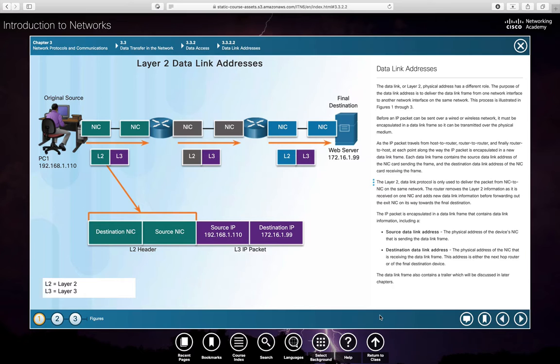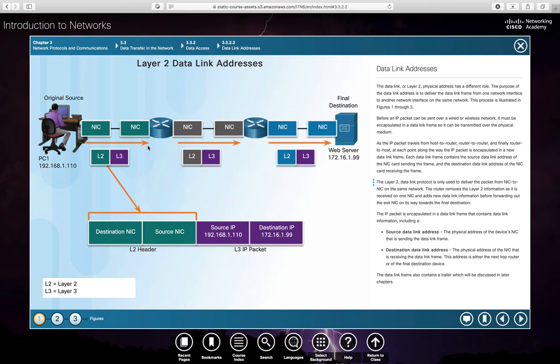Here they're showing encapsulation. We have an IP packet that is encapsulated into an Ethernet frame. Right now all we care about is the headers. So what happens is for this PC to communicate with this router, it sends it to the MAC address associated with this NIC.